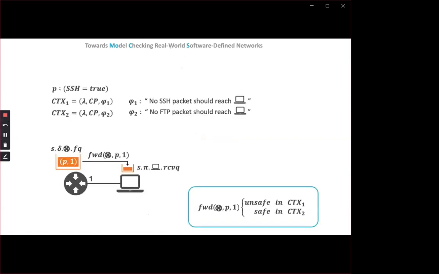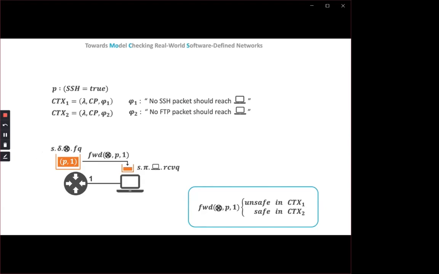To give an insight to how an action might be safe only in particular contexts, consider the network in this figure. Suppose packet P, whose destination TCP port is SSH, is added by the controller in the forward queue of the switch along with a forwarding port 1.